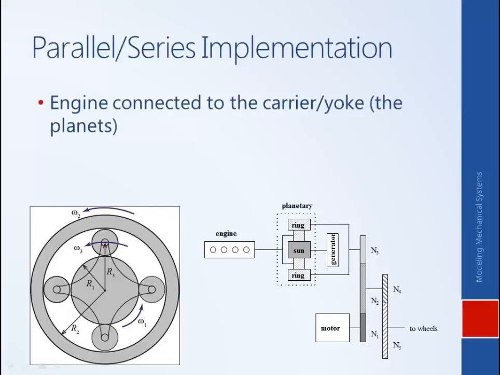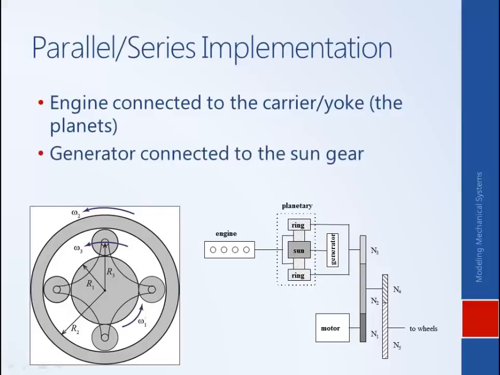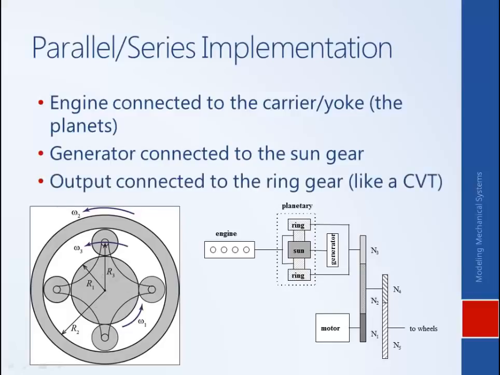So in this specific example, the engine is connected to the carrier, the planet gears, the generator's connected to the sun gear, and the output is connected to the ring gear. By using this architecture, you can set the engine to operate in its sweet spot, which is something that you couldn't do with a straight parallel implementation.